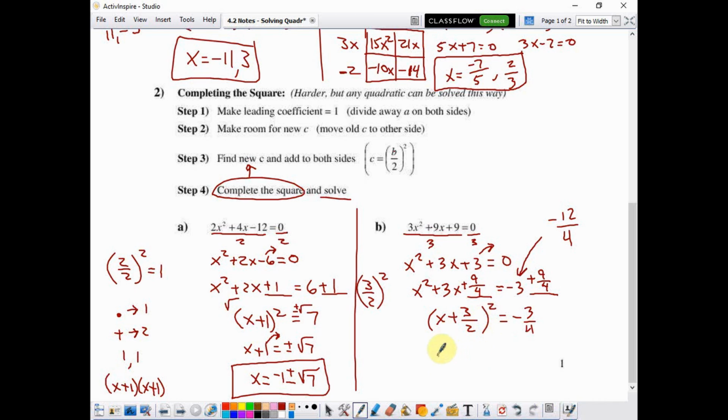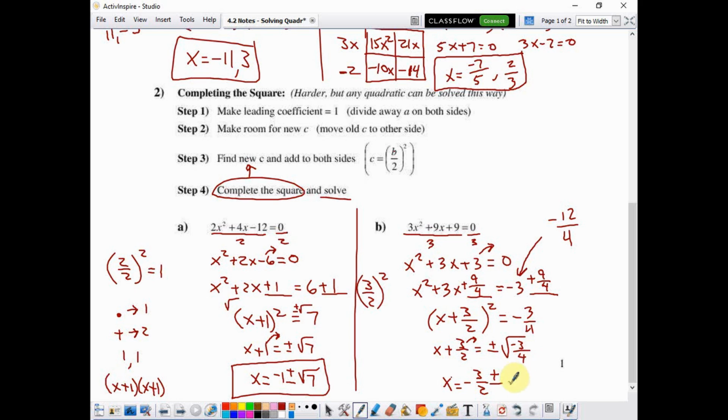So I'm going to take the square root of both sides. X plus 3 halves equals plus or minus square root of negative 3 fourths. And I'm going to do two things in this step. I'm going to move this 3 halves over, and then I'm going to simplify this radical. So x equals negative 3 halves plus or minus.